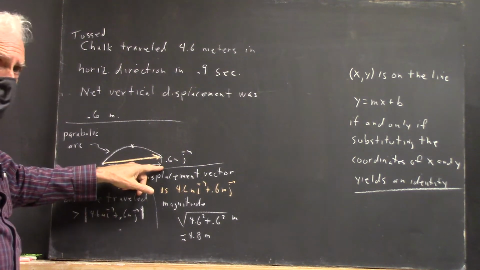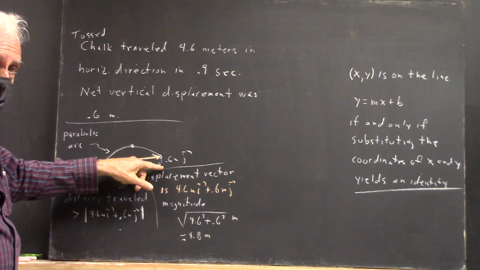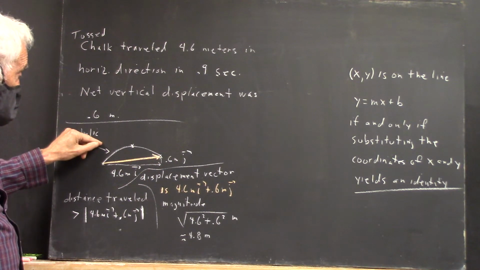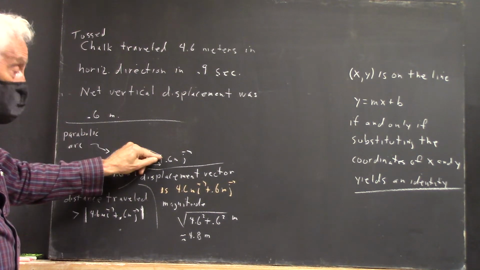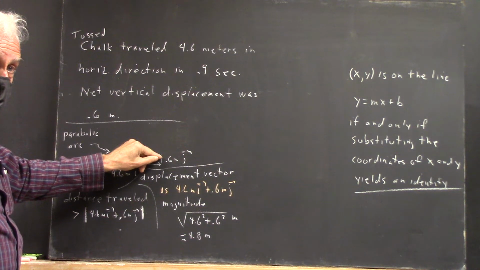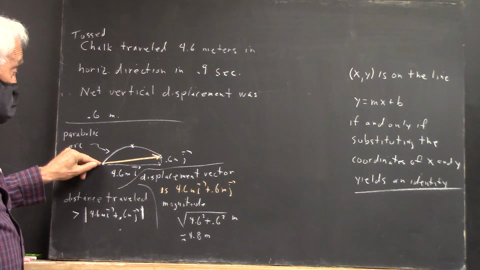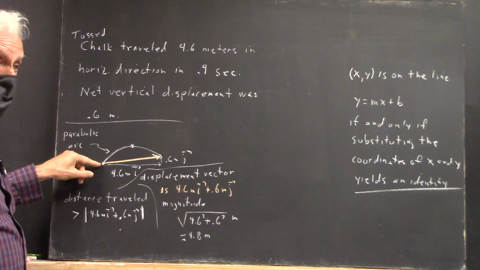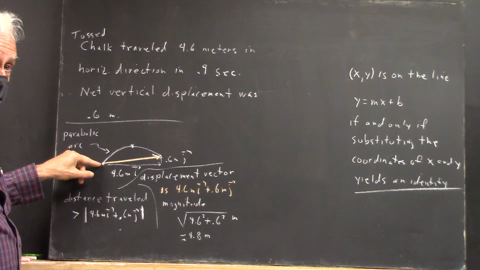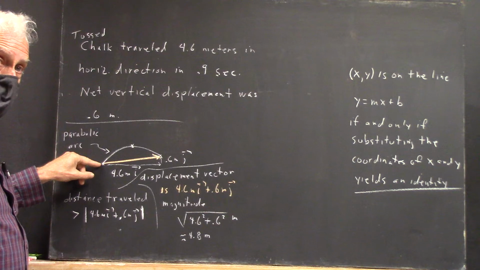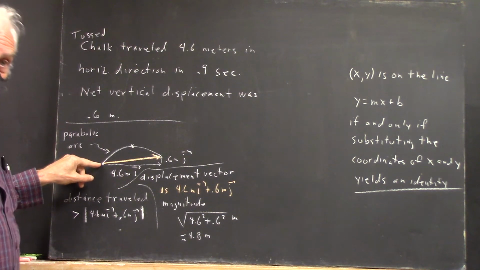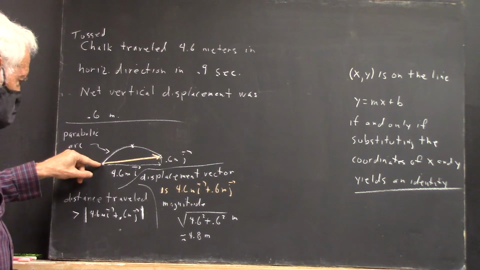What did it do vertically? Oh, vertically, it went up, and then it came back down to this height, right? So vertically, it started off at, we could call this y equals 0 if we wanted to. y equals 0 doesn't have to be the floor. Could be the center of the earth, but then the numbers would get big.